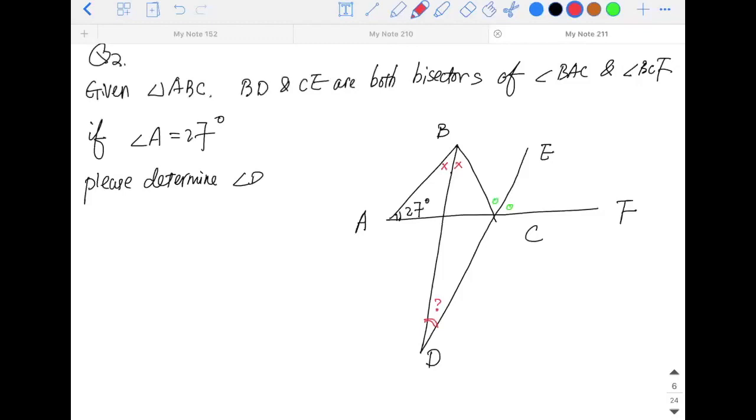These are easy warm-up questions, okay? How are we going to do such a problem?